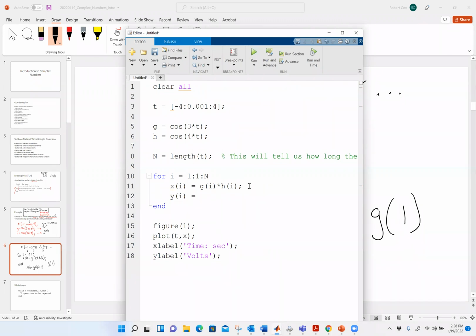I could say this is cosine of 3, not 3 times i, but it would be 3 times t of i, times, right? So it'd be 4 times t of i, like that. Follow? Yes, sir. Yeah, because I want the number value that exists at that index. Yes, I got it now.